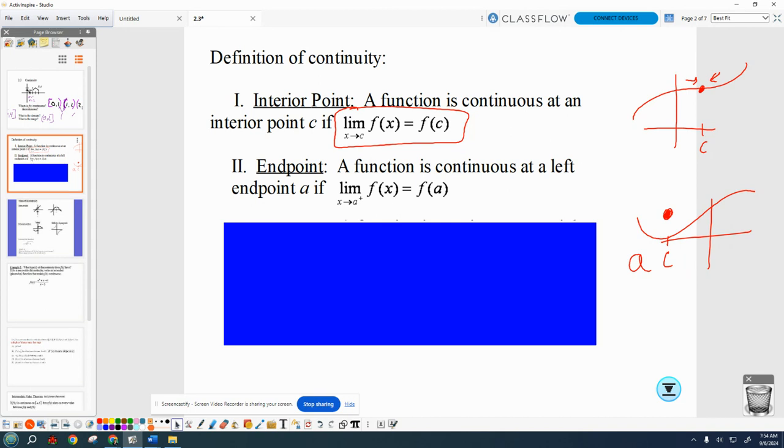Ooh, interesting. Evan, what do you think the conditions need to be for the limit for there to be continuousness at the right endpoint?